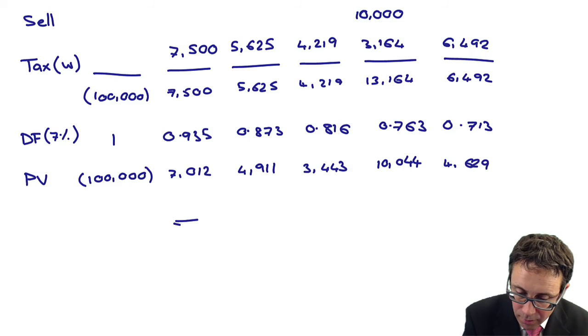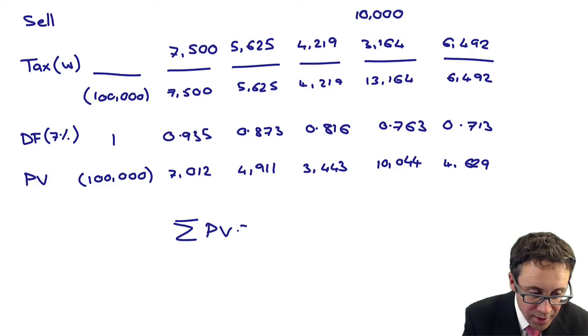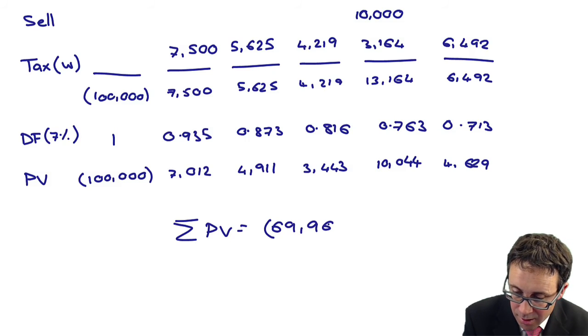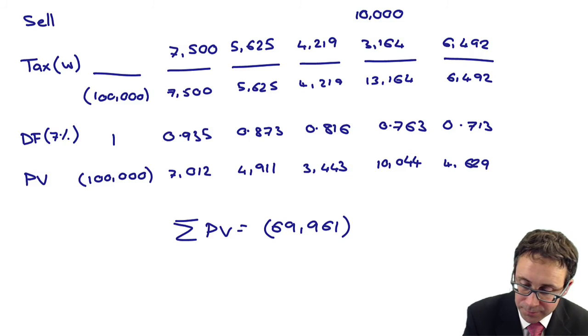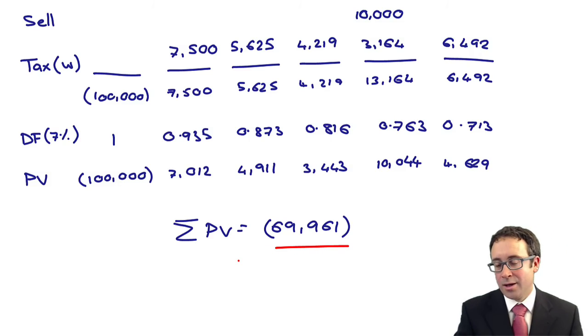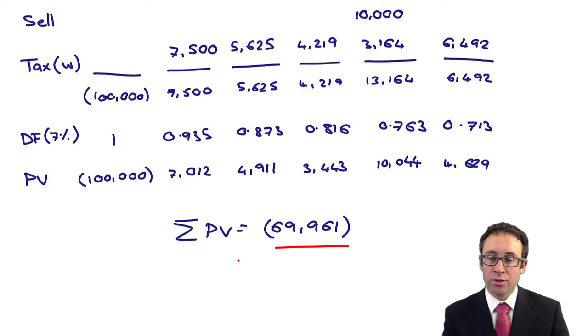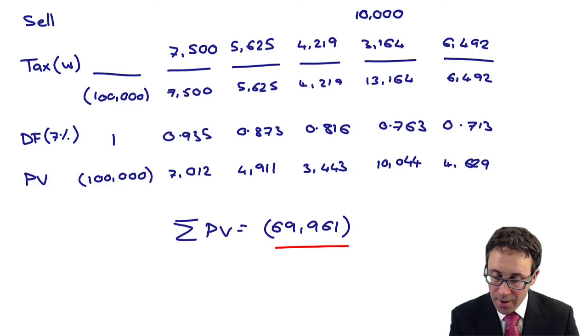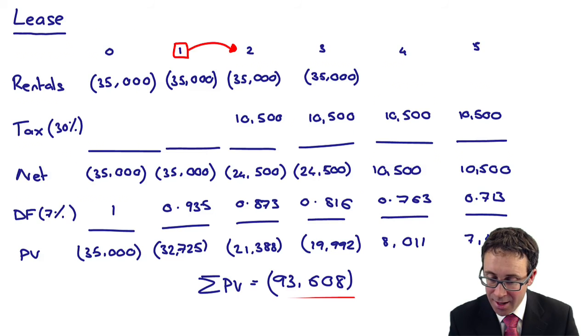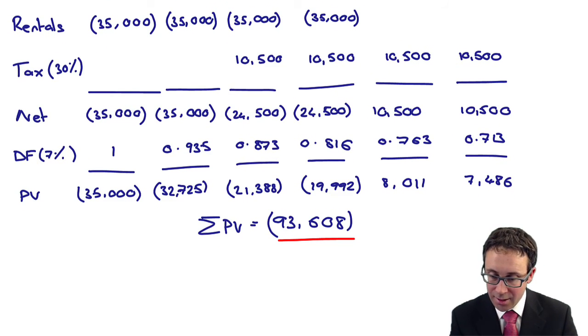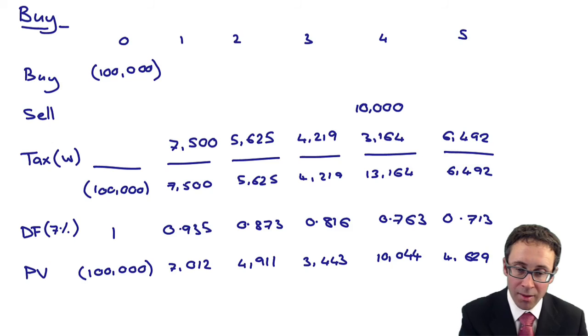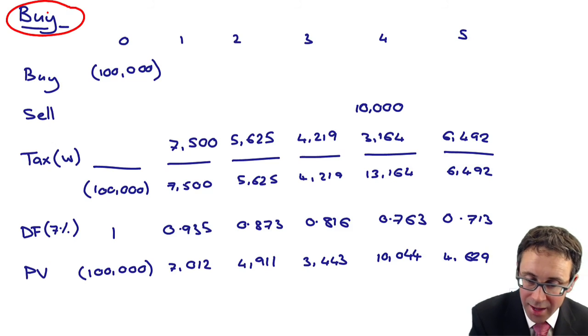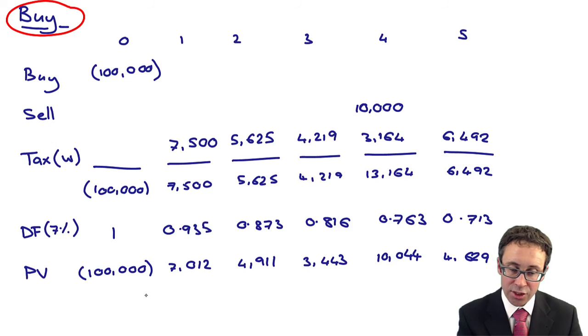Totaling that up, your total present value is negative 69,961. So that's what it costs us to buy the asset, compared to 93,608 when we leased it. Based upon that, we would buy the asset as it is cheaper.